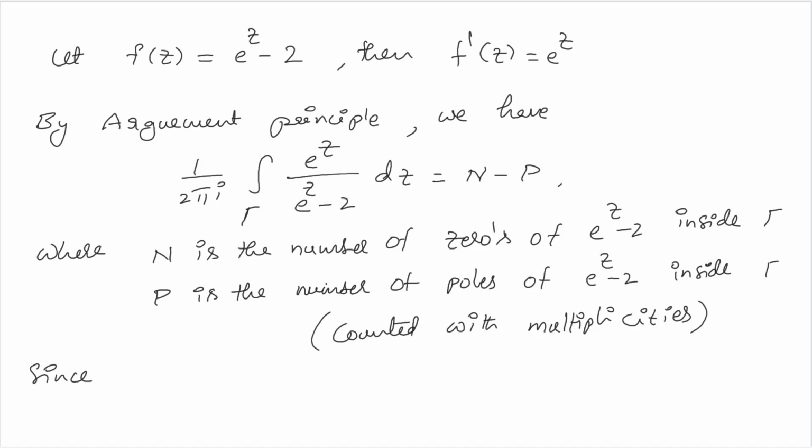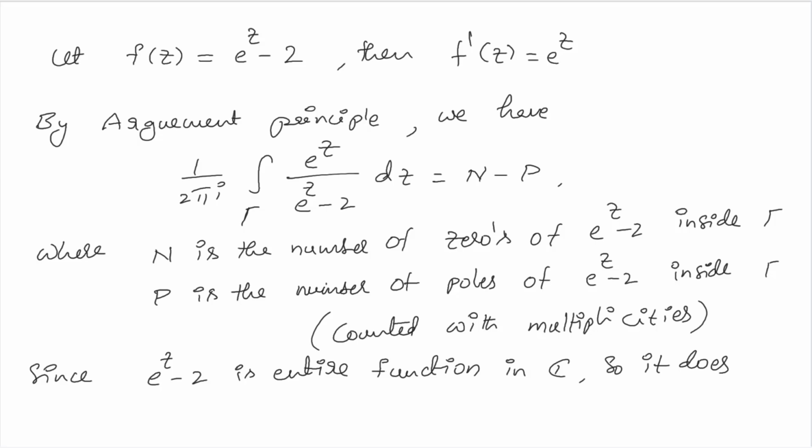Since e to the power of z minus 2 is an entire function, that is analytic in the whole of the complex plane, it does not have any poles.